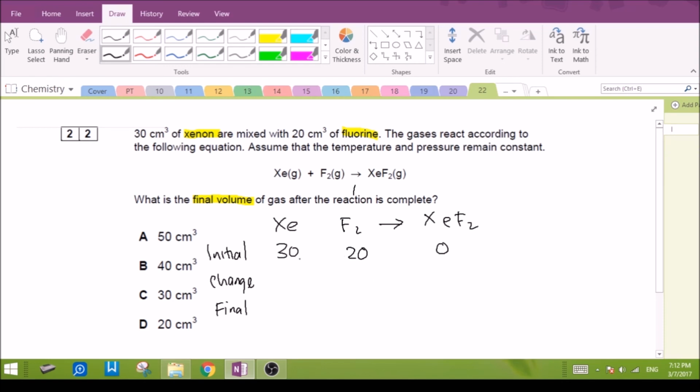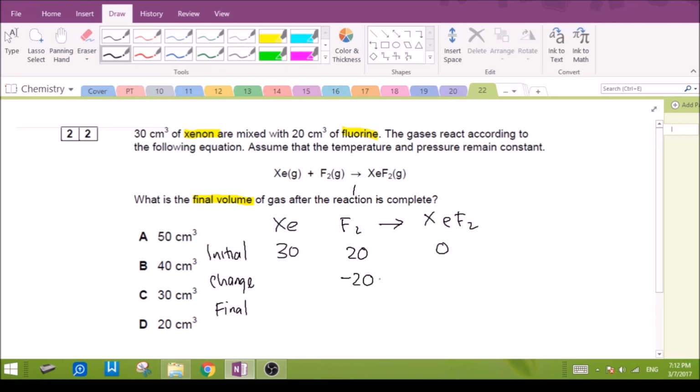By observation, 1 volume of xenon will react with 1 volume of fluorine. So fluorine is the limiting reagent here. The xenon is actually in excess, so all of the fluorine will be used up. So we use up all 20 of the fluorine.